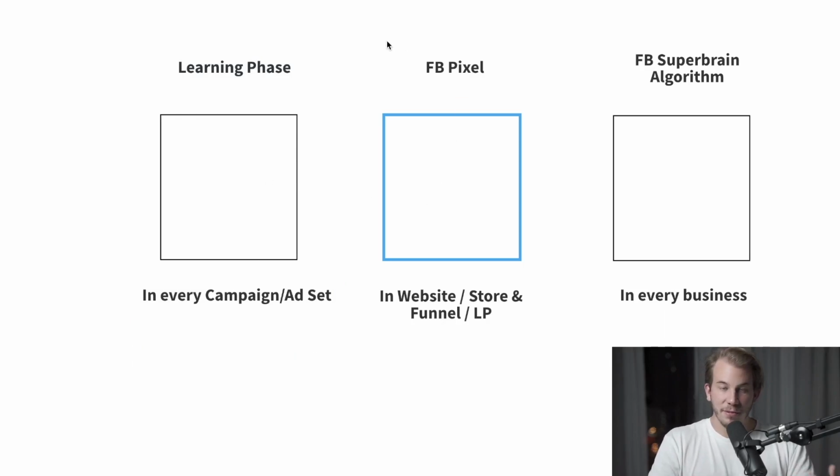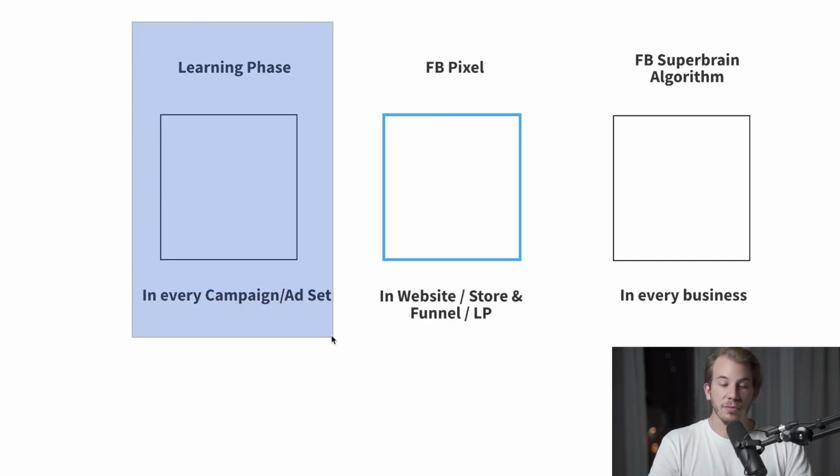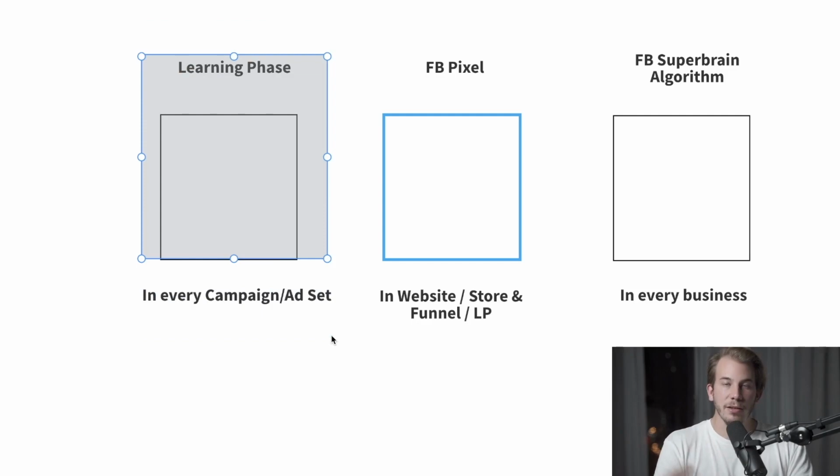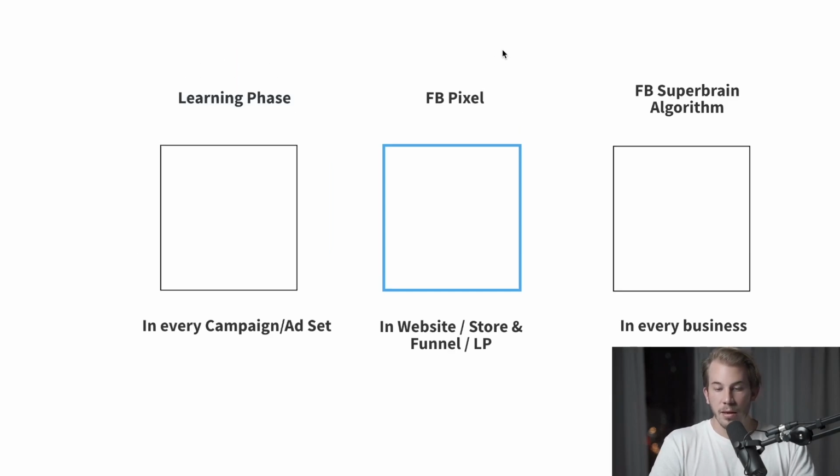If you have a mature pixel, your learning phases don't mean as much because each new campaign immediately takes the good data of the pixel to find its way to the perfect customers. Really important, and this is going to be a theme that I'm going to talk about even more when we come to the later stages of advanced targeting and all that stuff.